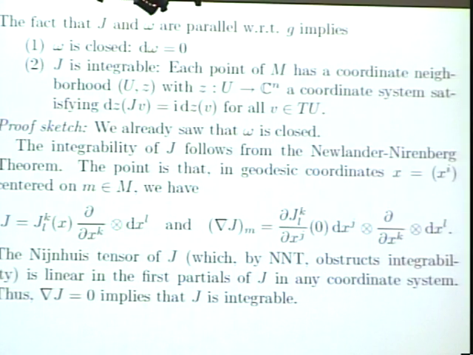Now, the obstruction to integrability is the so-called Nijenhuis tensor of J, which, when you look at its formula, is linear in the first derivatives of J. Since the first derivatives of J vanish in some coordinate system, the Nijenhuis tensor vanishes at each point, and that's a statement independent of coordinates. So the Nijenhuis tensor is 0, and by the Newlander-Nirenberg theorem, J is integrable, which is equivalent to the existence of these coordinates.